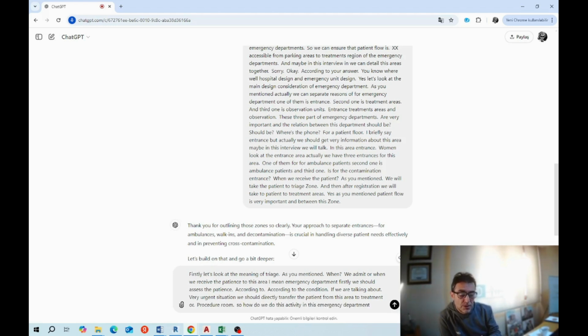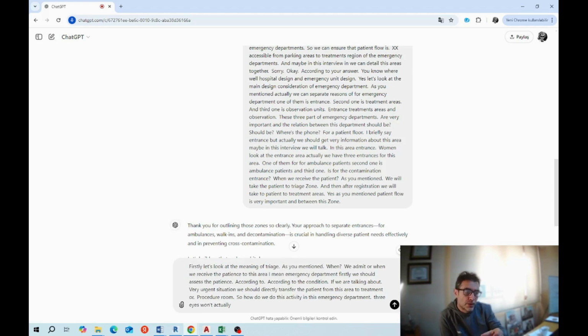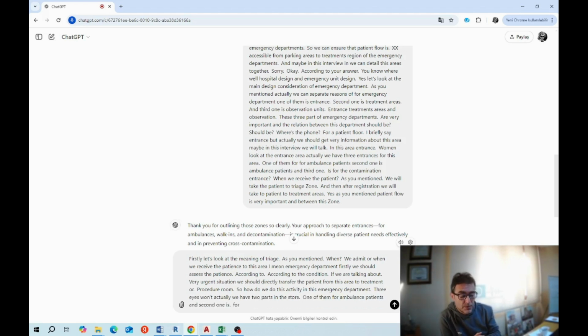Yes, as you mentioned, there is a triage zone. Actually, we have two parts in this zone. One of them is for ambulant patients, the second one is for ambulance patients.